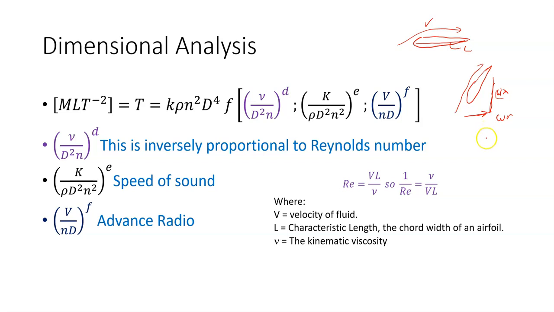So you would say omega is equal to 2 pi n, and then r. So 2r is d, so we get pi n d. So I could say the velocity here is proportional to nd.